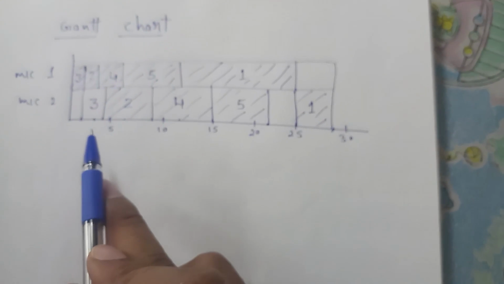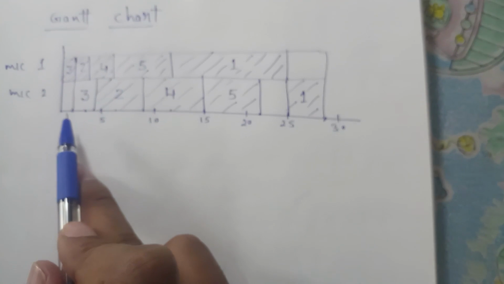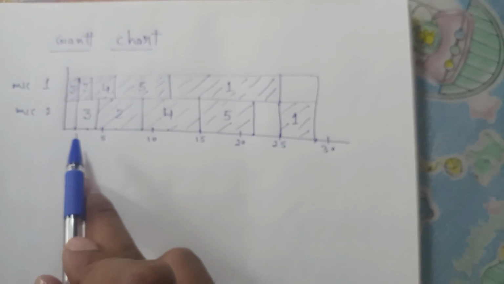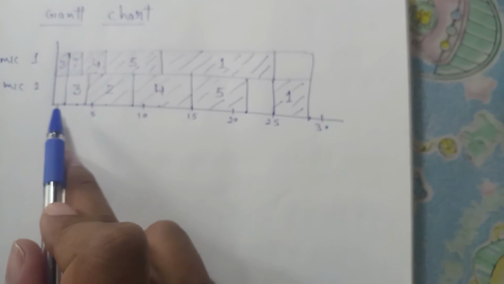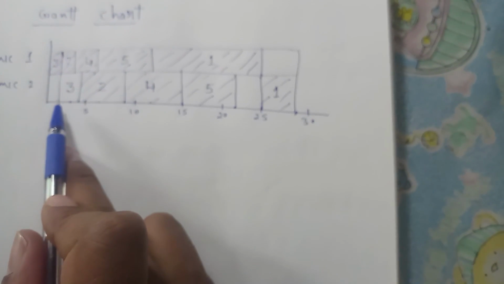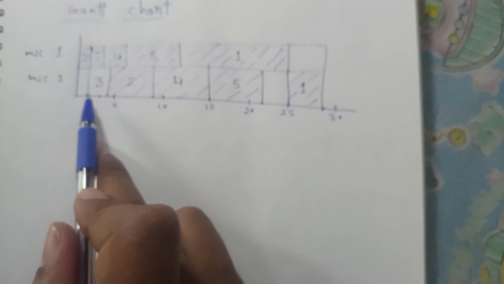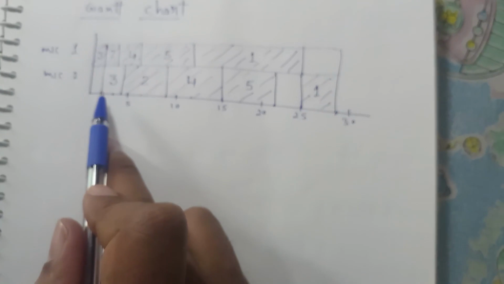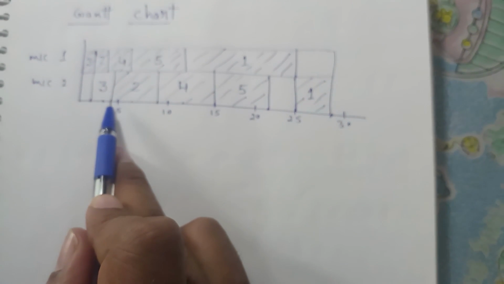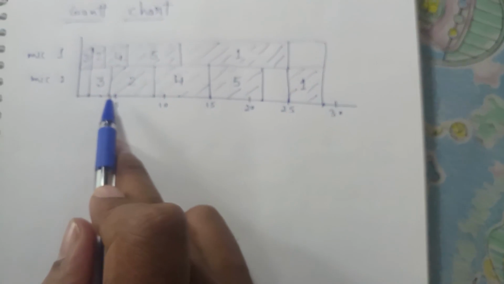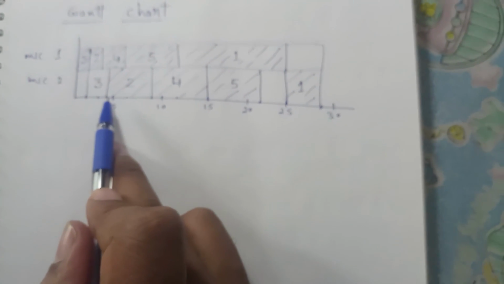Now for machine 2 we have first tardiness, where we have to wait for 1 minute. This is your idle time. Then job 3 is processed, which takes 4 units on machine 2. Now job 2 is processed, it takes 9.